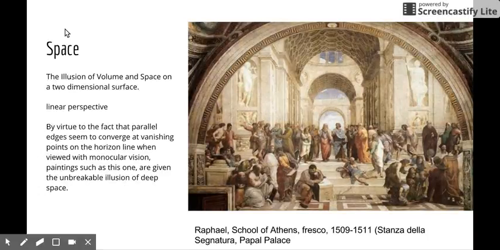Linear perspective, I think, is something that I mentioned briefly before, and it is complicated, and there'll be a chance for us to get into it again.